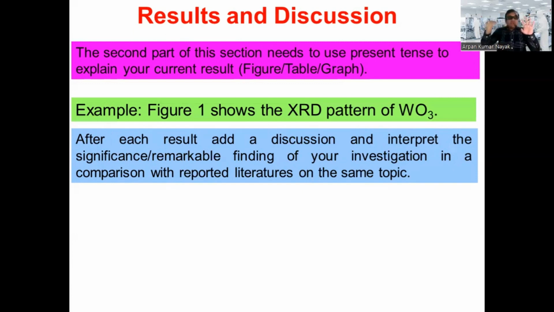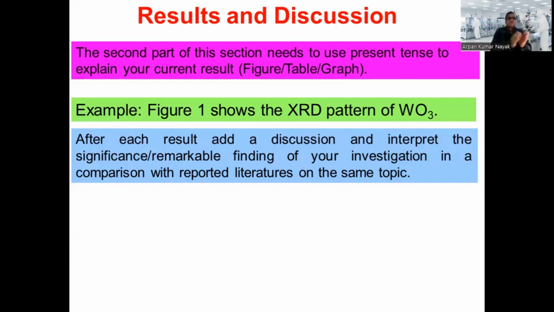You have to give a plausible reason why your finding is better compared to others. So that is the discussion part. So here, after each result, try to give a discussion with respect to the literature.